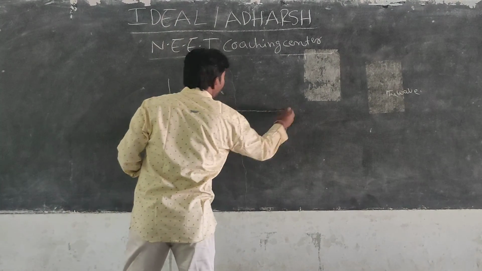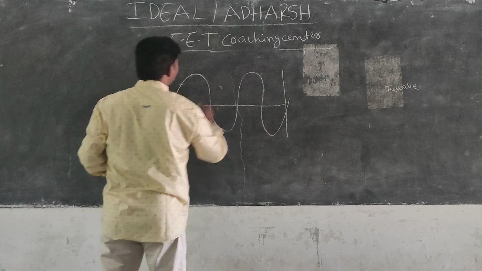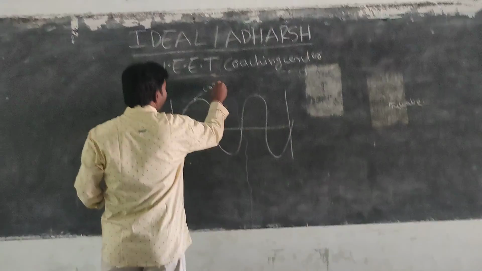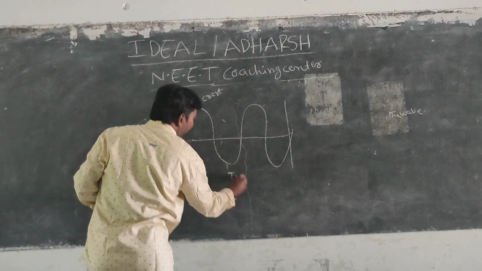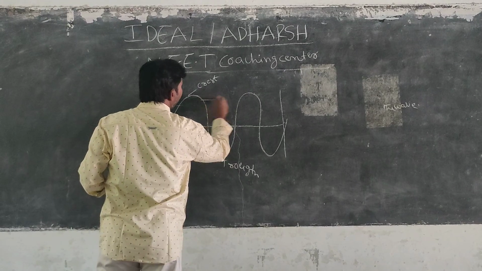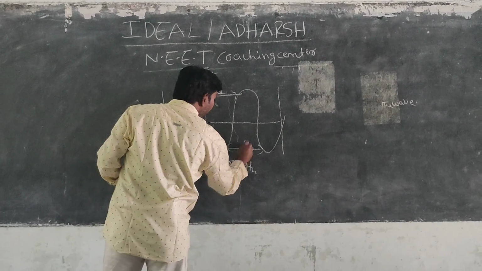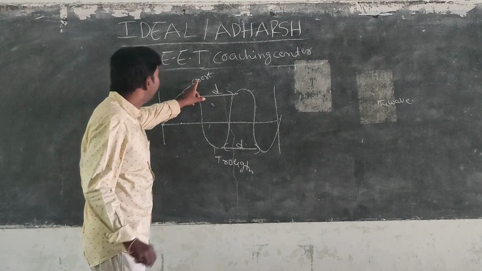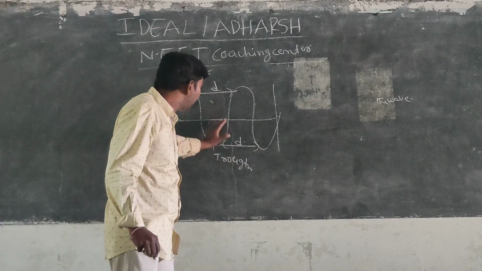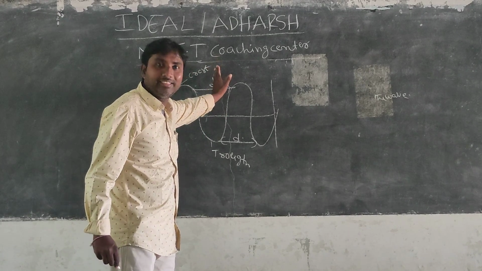Here, in the oscillations, this is called crest. This is called trough. The distance between two crests, or the distance between two troughs, is called wavelength.